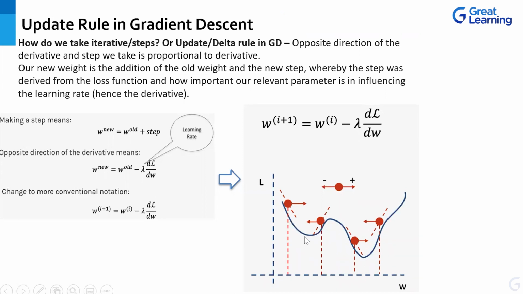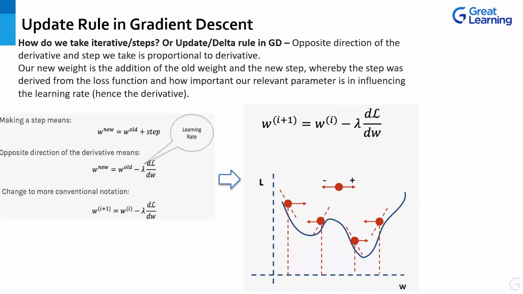There are certain techniques available, but this is also a problem in a function. If you have a curve like this which has multiple minima, you might never reach the global minima. This is one of the challenges that people face when they apply the gradient descent algorithm on a large data or a complex data set. But we will not talk about that. That's not the agenda here, but that's how gradient descent works.